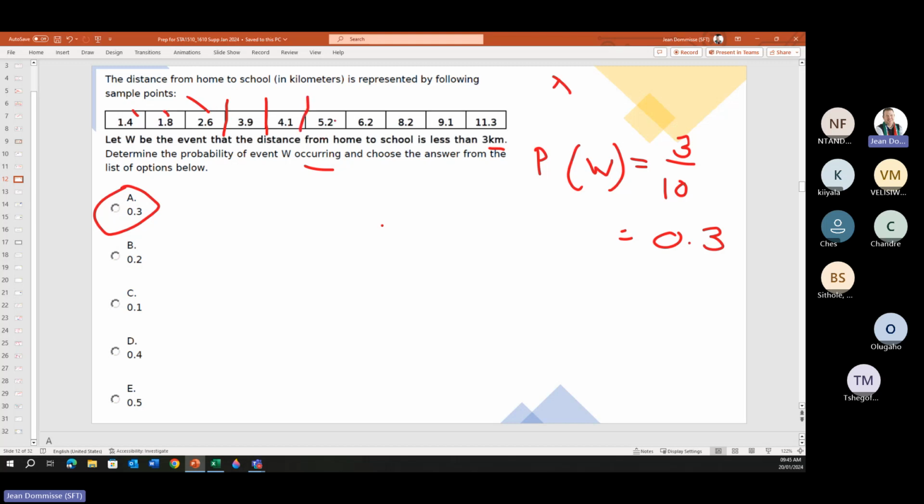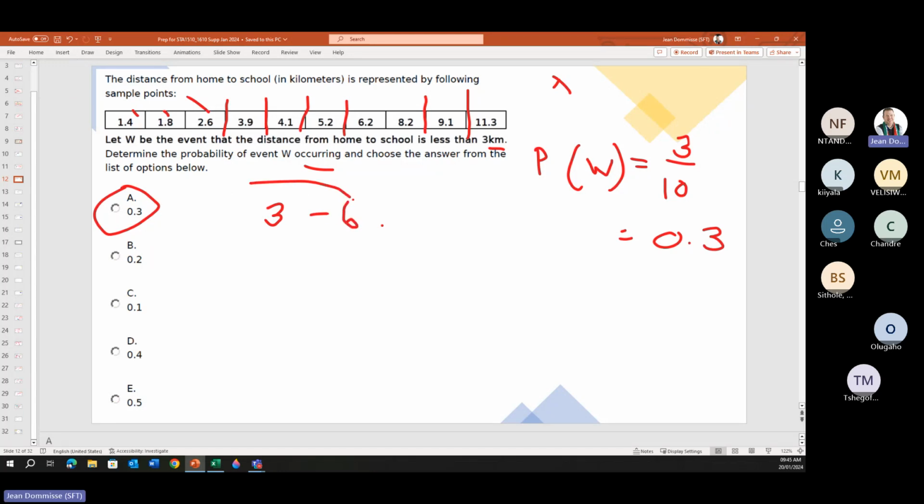Less than 5, less than 6, less than 9, less than 11. So depending on what they ask, they could have said something. What's the probability that it is between 3 and 6?